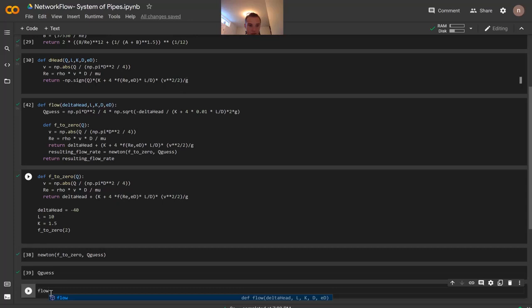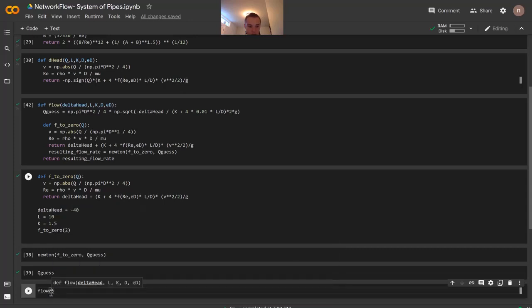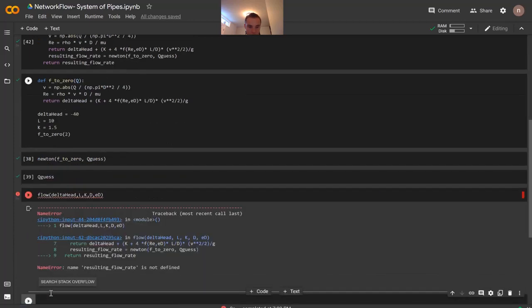So we have flow, and this is going to take in arguments of our delta head, our L, our fittings value, our diameter, as well as our relative roughness. So we're going to go ahead and see that this calculates.